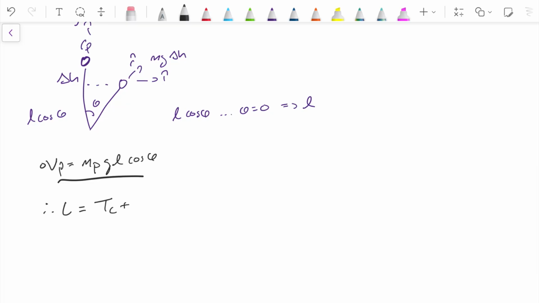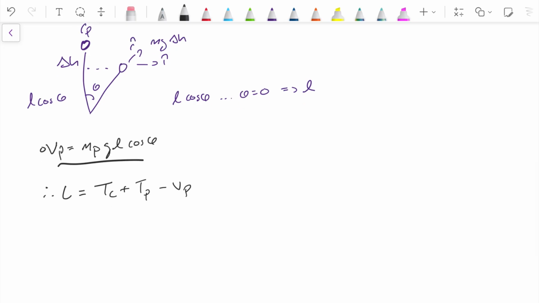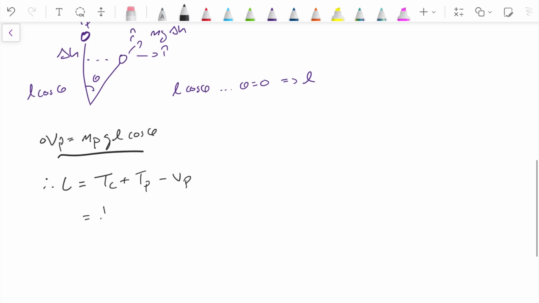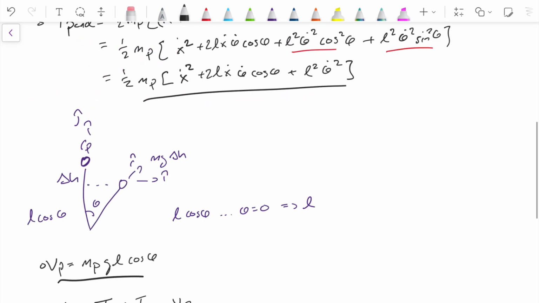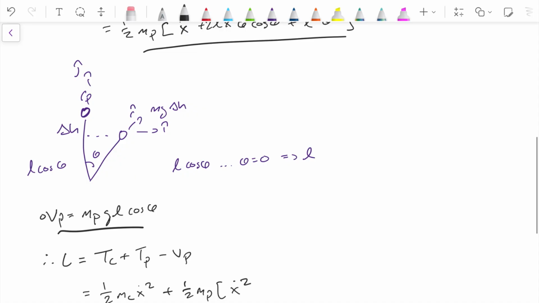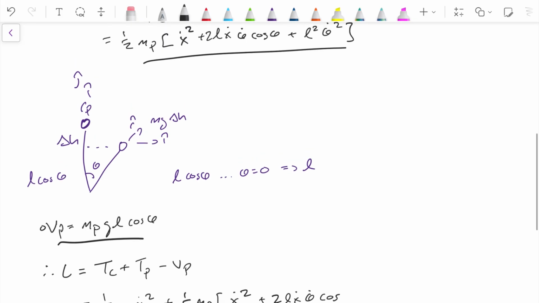All right, so now we need to combine the kinetic and the potential energies together. So we have T_C plus T_P minus the potential of the pendulum. So this can be seen as 1/2 mass of the cart x dot squared, and then 1/2 mass of the pendulum. I'm going to put this into brackets again. We have x dot squared plus 2L x dot theta dot cosine theta plus L squared theta dot squared.